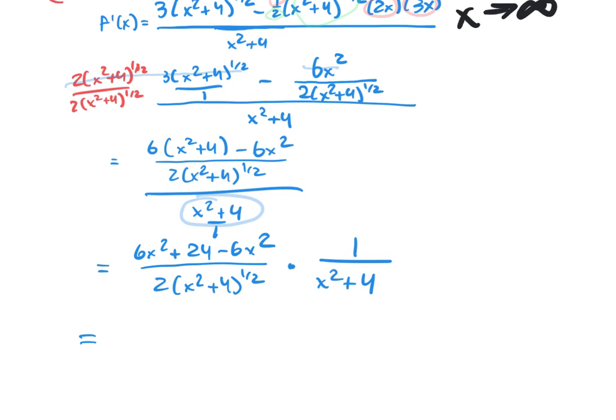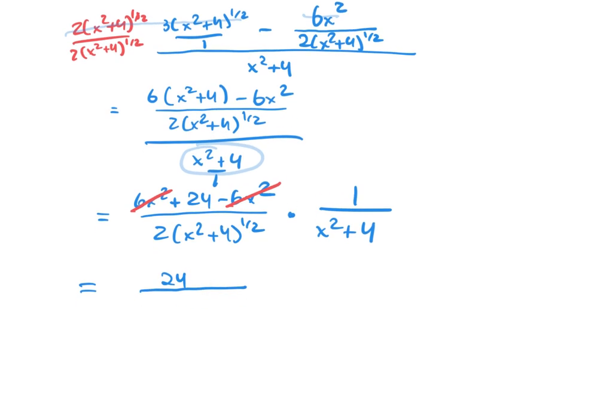And so from there, these cancel, and you are left with 24 times 1 on top, which is just 24, all over, we can put that in parentheses, 2 times, what you're going to do is take the 1/2 and add 1. You're going to add the exponents to get a total of x squared plus 4 to the 3/2 power.